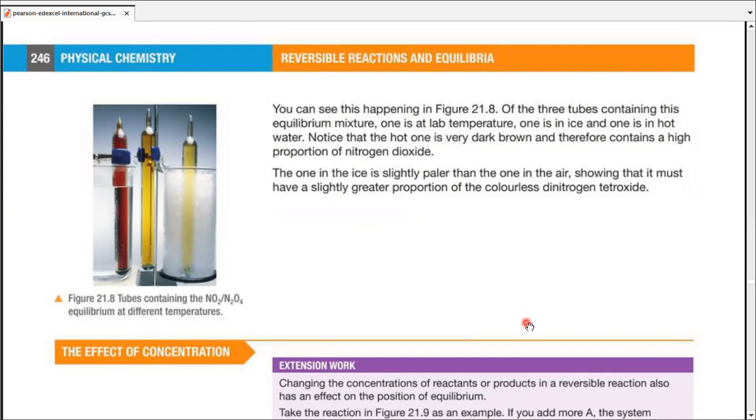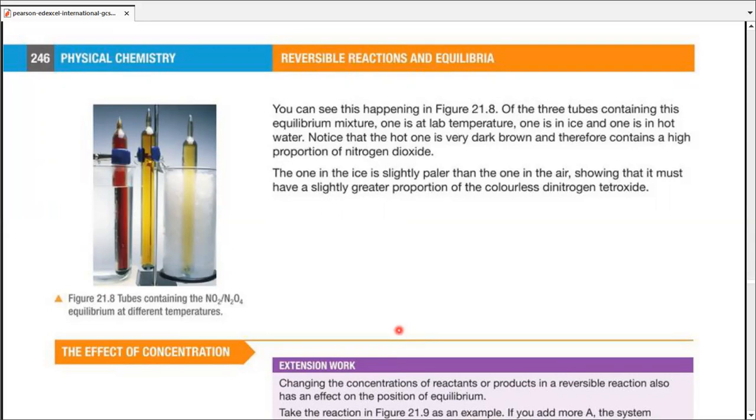Now, you can see this happening in figure 21.8, where you would see 3 test tubes containing this equilibrium mixture. One is at lab temperature, one is in ice, one is in hot water. Notice that the hot one is very dark brown, probably NO2, containing a high proportion of NO2. The one that is in the ice is slightly paler than the one that is in air, showing the paler one has a greater proportion of dinitrogen tetroxide, and the one in the center is probably at equilibrium in between both.